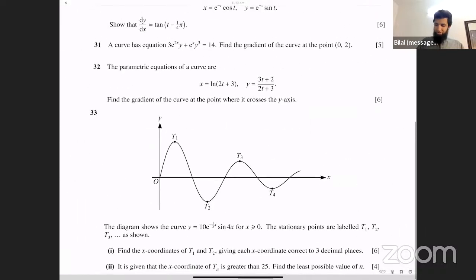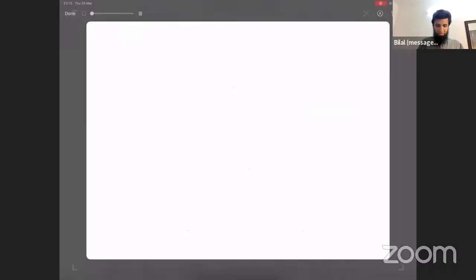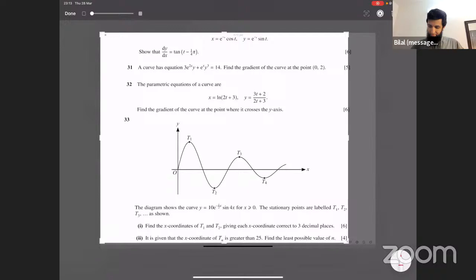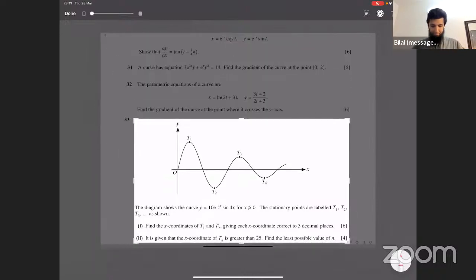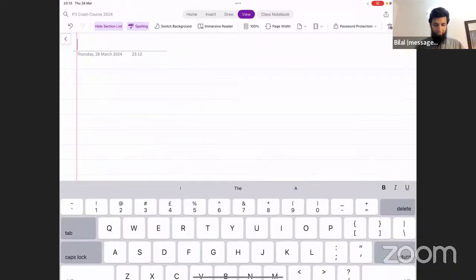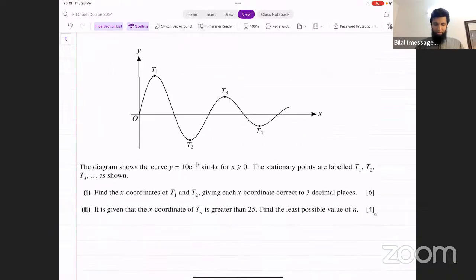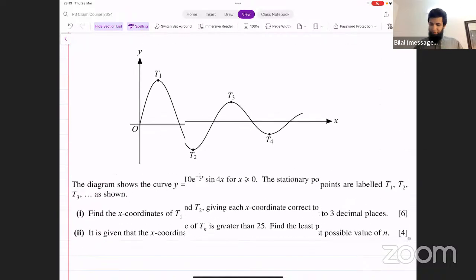Let's start with this one, 33. This is question number 33 from the worksheet. Let's have a look at this.